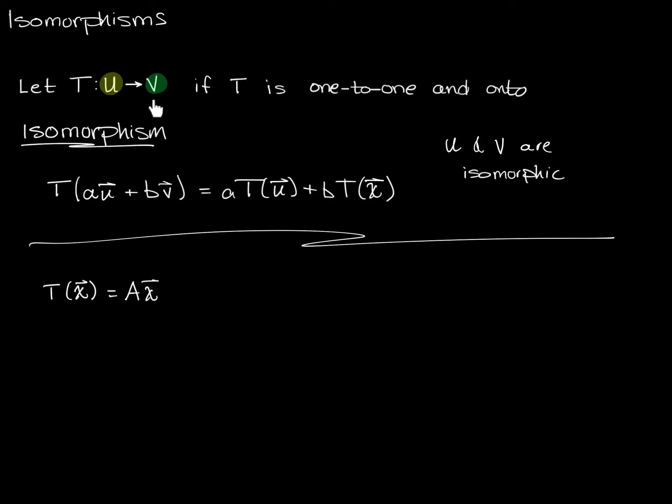If both of those things happen, then you can say that the transformation is an isomorphism and that the domain and the codomain are isomorphic.